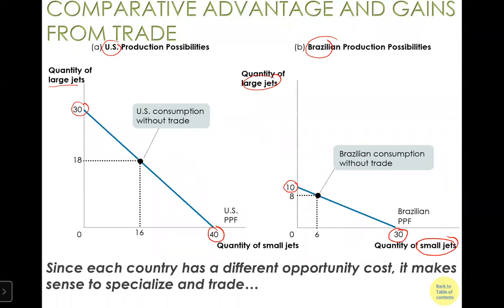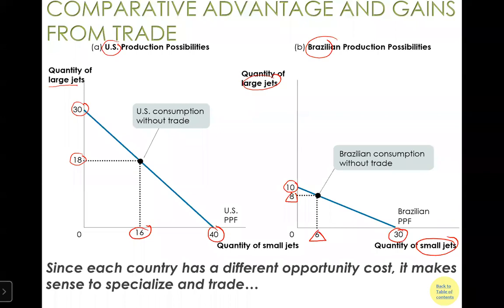Right? So before trade, the US will consume 18 large jets and 16 small jets. Similarly, Brazil wants to diversify. So they prefer to produce and consume 8 large jets and 6 small jets.